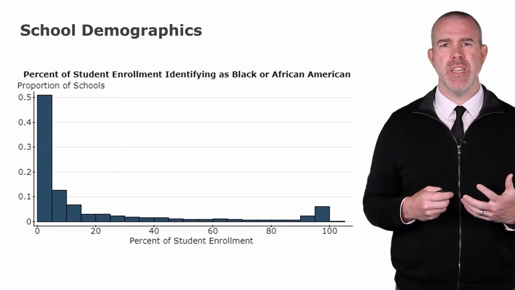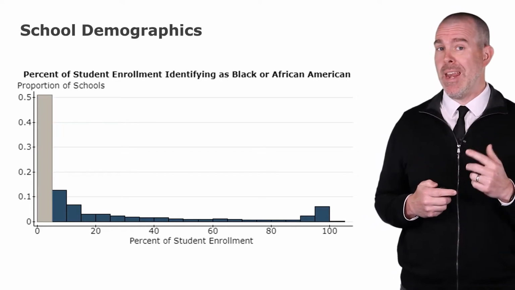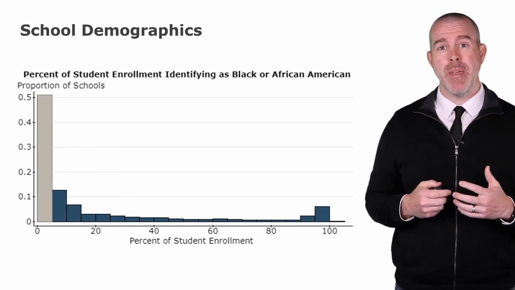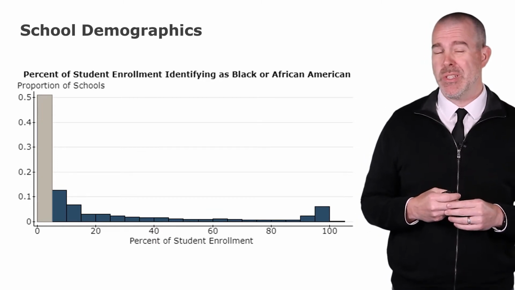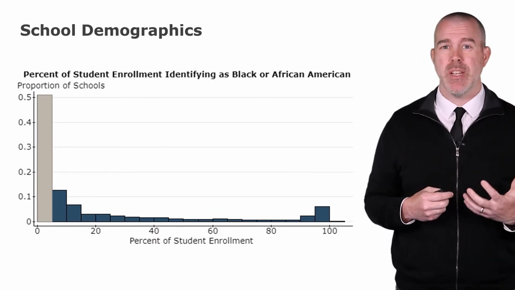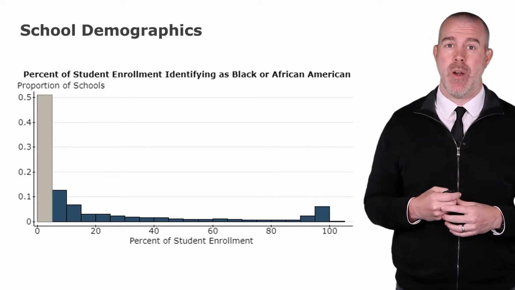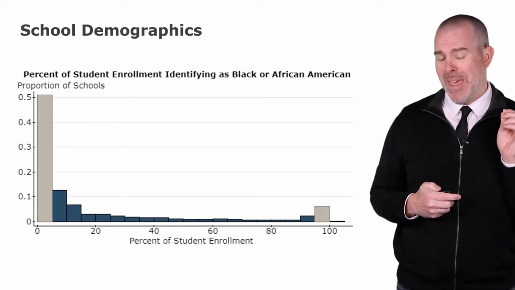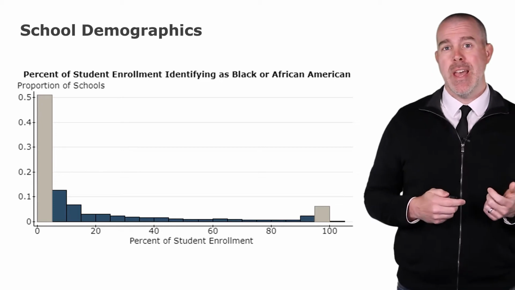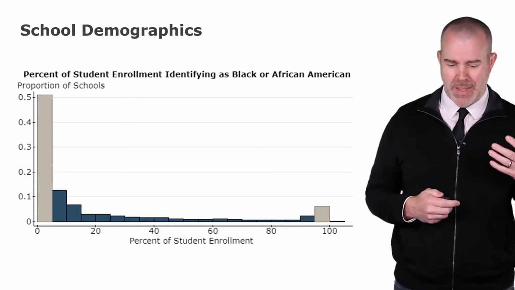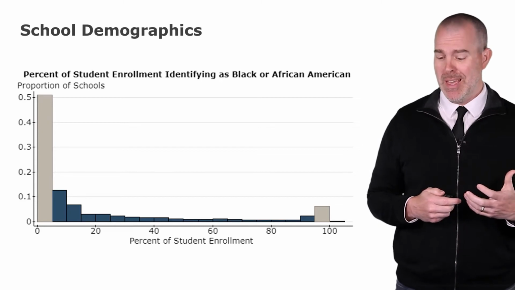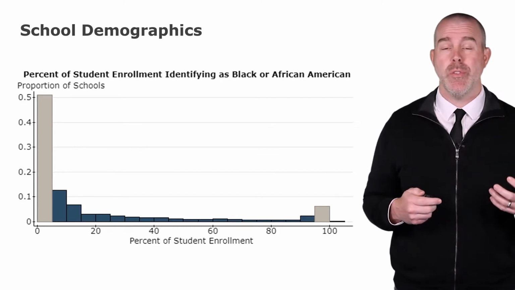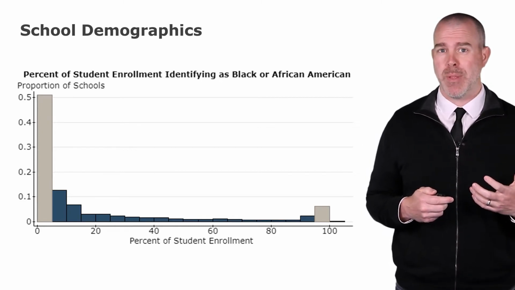This graph is really interesting. If you look over on the left, this block means that over 50% of schools have less than 5% of their students identify as Black or African American. But then there's this little peak over on the right down here. There's another, about 7% or 8% of schools, another big peak, that have almost all of their students identify as Black or African American.